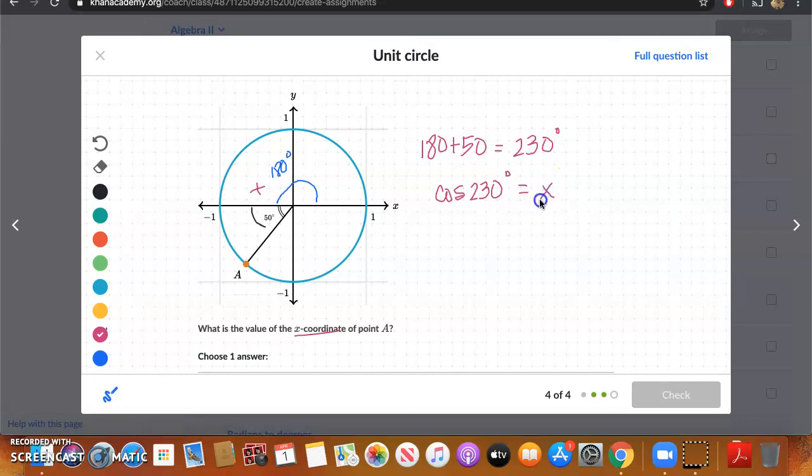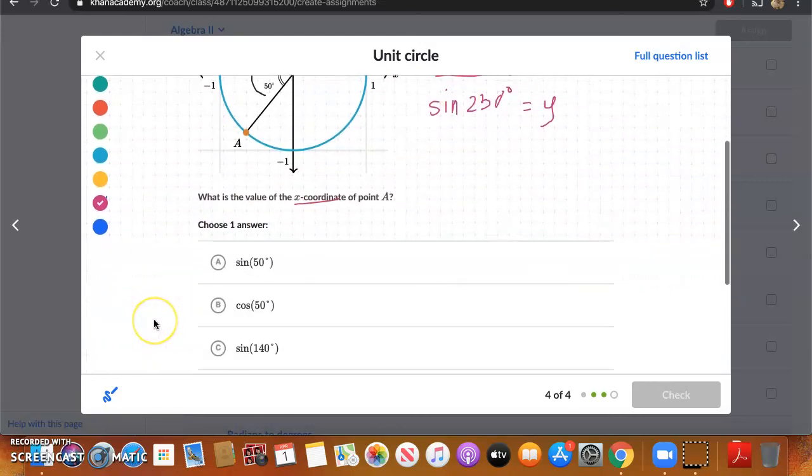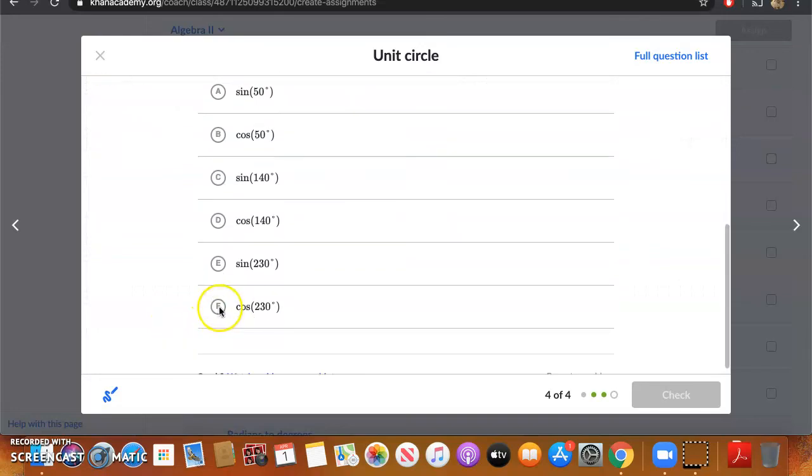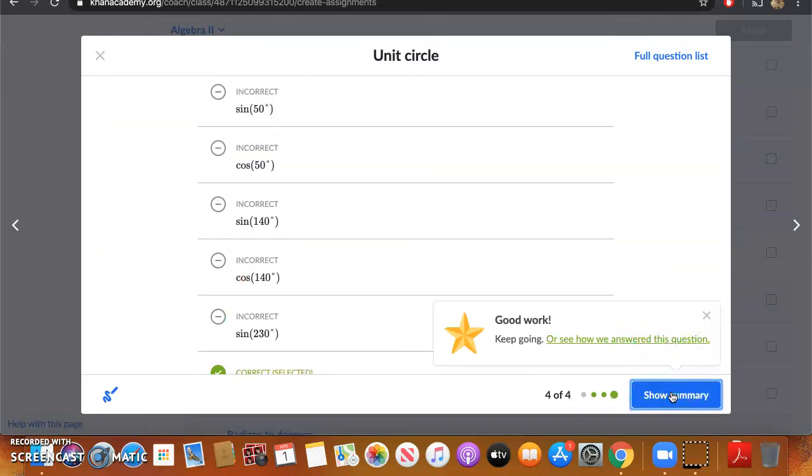They didn't ask us for the y-coordinate, but we could have just as easily given it: the y-coordinate is just the sine of 230 degrees. But they want the x-coordinate, so this is going to be our answer. It's cosine of 230, so I believe it is choice F. Okay, folks? All right.